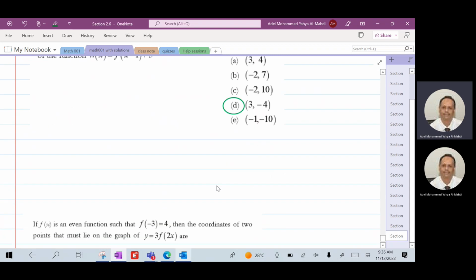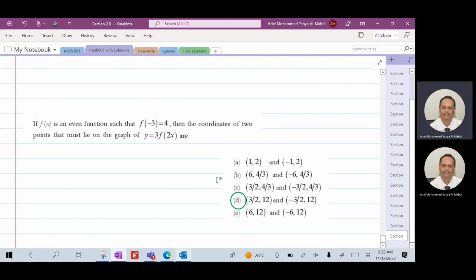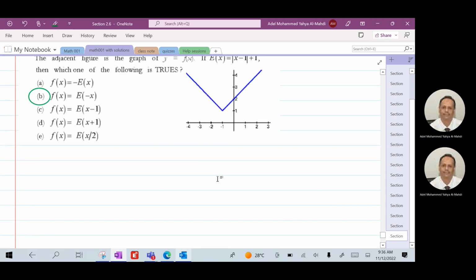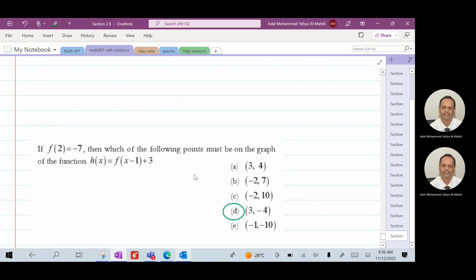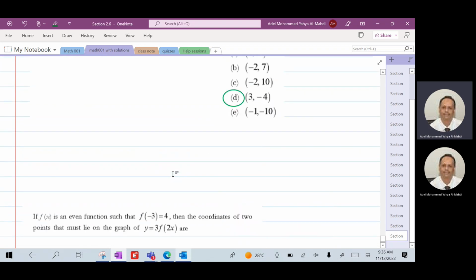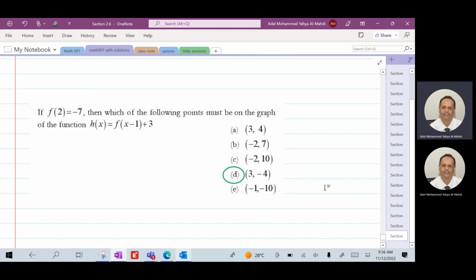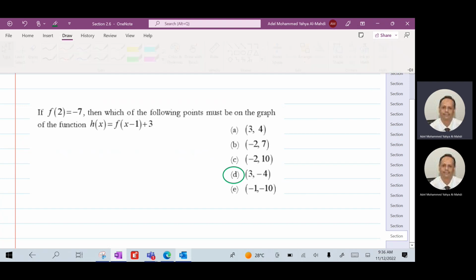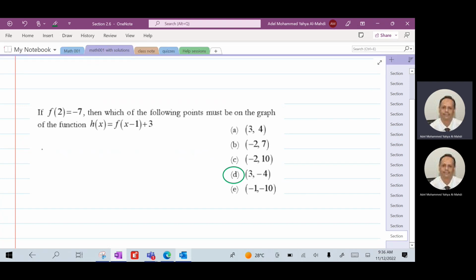This one, yeah, I will solve this one. So here we have two questions almost the same. So here we are given a point over f, then give me a point over h. So the idea is the same as what we mentioned up.